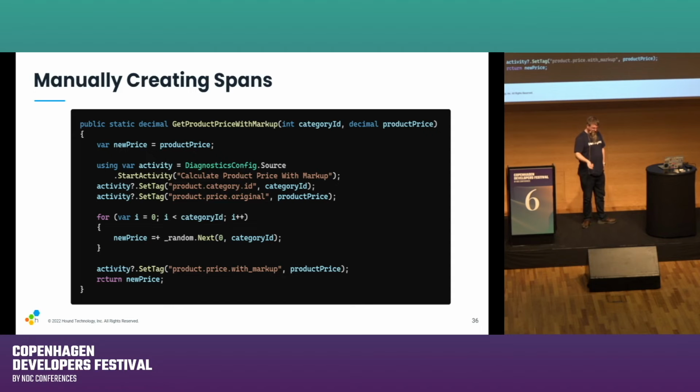We then do all of our stuff. We then add a tag at the end, which is our new price, and then return out of the method. Now, because we're using the new using syntax in C#, it's going to dispose of the activity at the end of the method. That's when our activity is going to end.